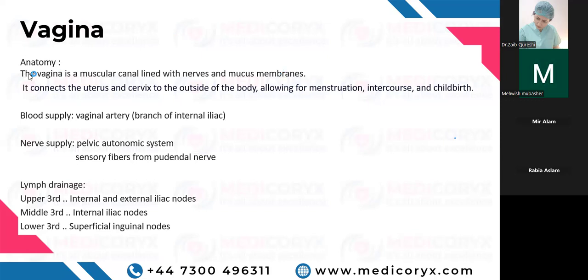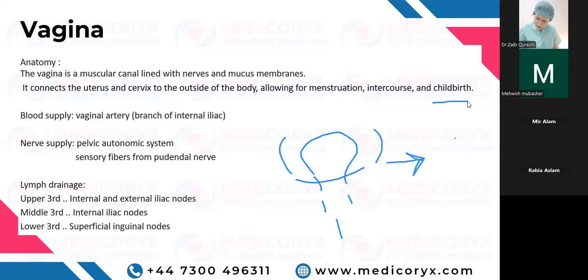Guys, if you keep this concept with you, that the whole purpose of making the uterus, cervix, vagina, and actually the pelvic bone, which is surrounding all the pelvic organs, and the perineum, everything is made for this one purpose, childbirth.